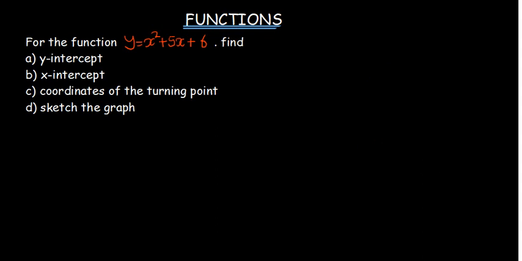Okay, so when talking about the intercepts, for the y-intercept we're just talking about where the graph is cutting the y-axis. For the x-intercept, you're looking for the values of x where the graph is cutting the x-axis, and those two values we can call the zeros.